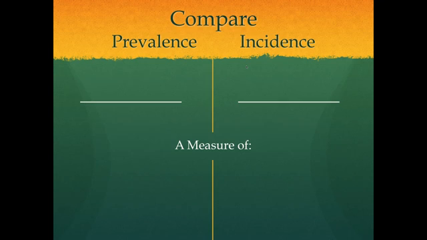Let's compare prevalence and incidence to better understand these terms and their usefulness. The numerator for prevalence is all people with a certain outcome, while the numerator for incidence is new cases of a certain outcome.